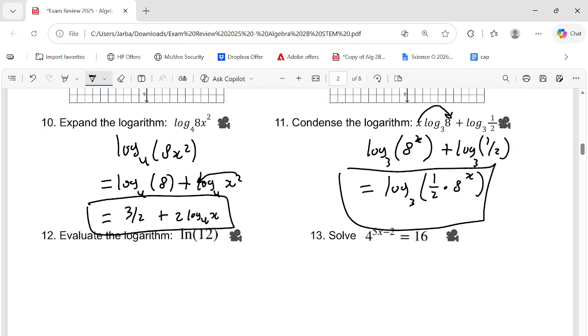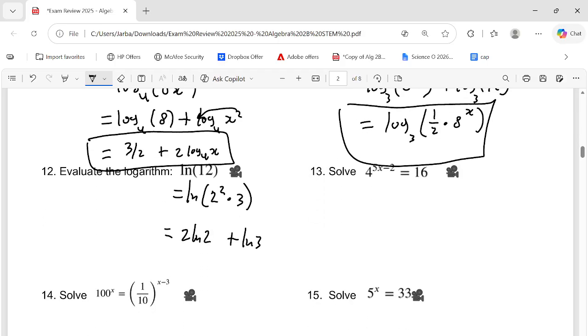Alright, now evaluate the logarithm. When it's a natural logarithm, usually you have to use a calculator to get a number for it. You could rewrite this as natural log of 2 squared times 3, if you break it up. So that's 2 natural log 2 plus natural log 3.